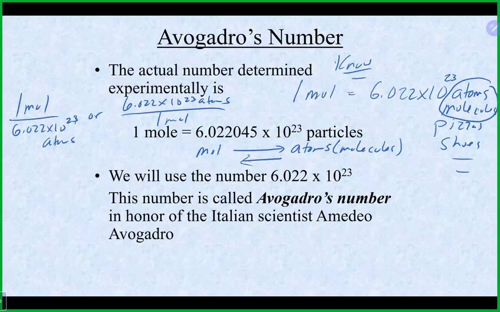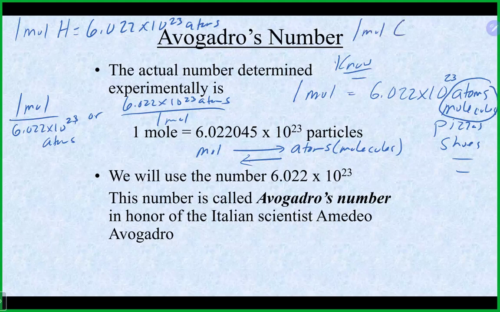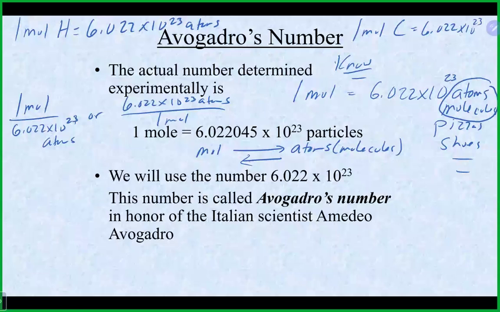You could do Avogadro's number relationship with anybody you like on the periodic table. So you could say in 1 mole of hydrogen, there are 6.022 times 10 to the 23 atoms of hydrogen. In 1 mole of carbon, there are 6.022 times 10 to the 23 atoms of carbon. Each of those will give you 2 conversion factors that you can use.